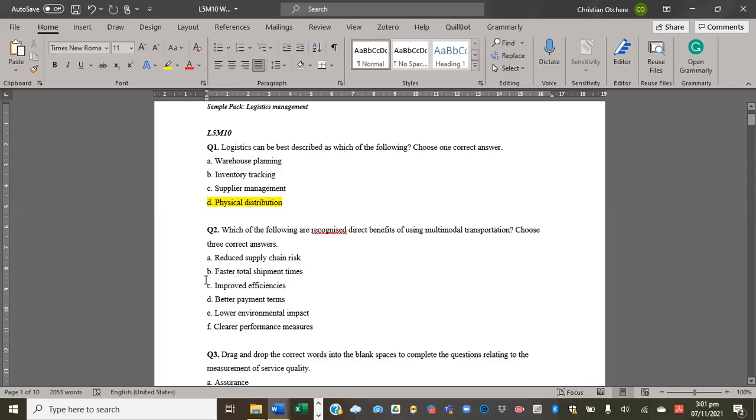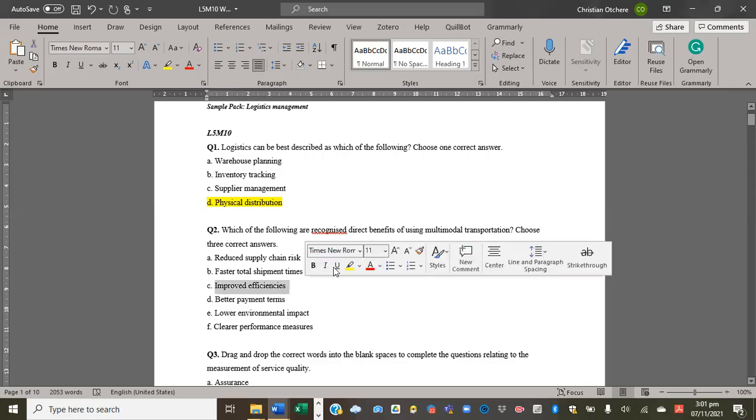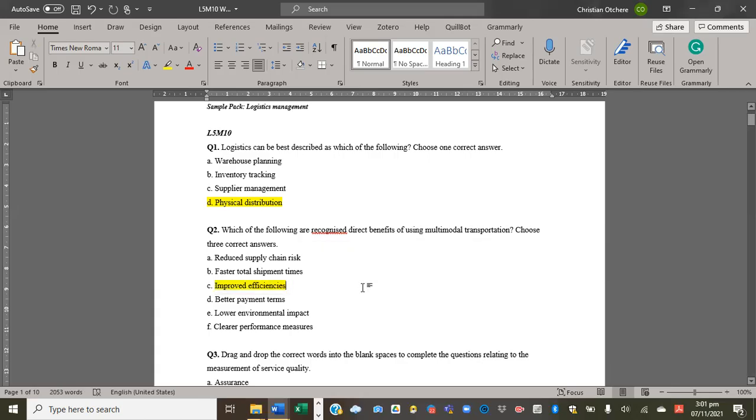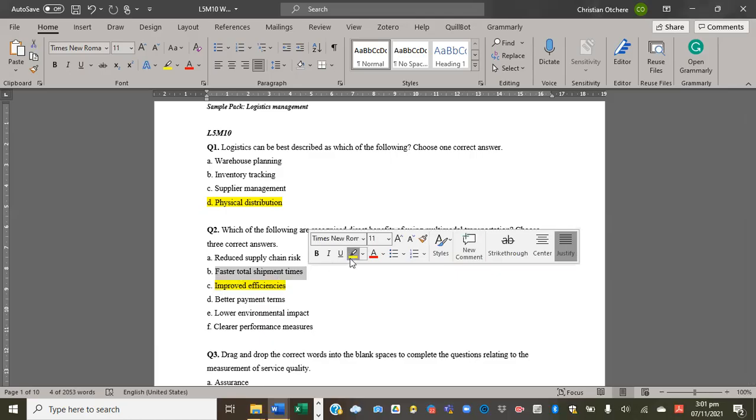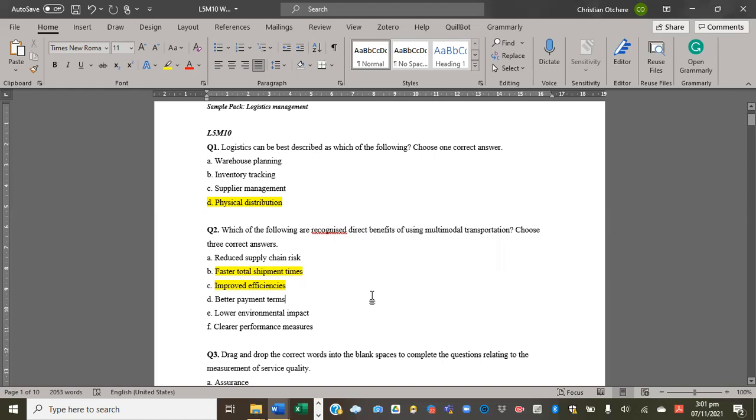Improved efficiency, that one stands out. So I think almost all of you chose C. And when you outsource, the shipping time is faster, because they have agreements with all these owners of the various modes.